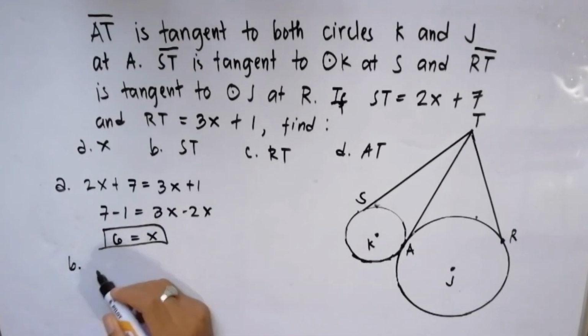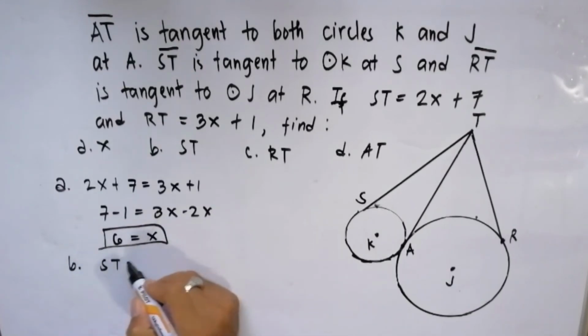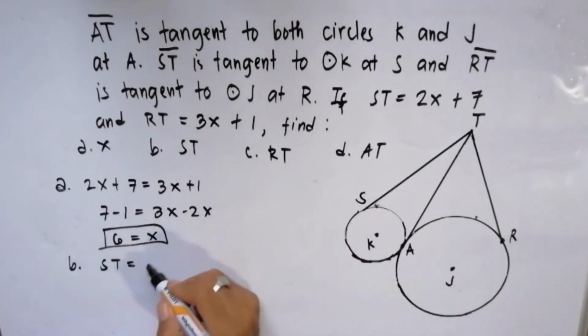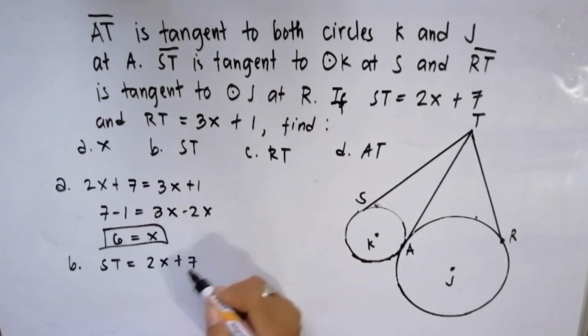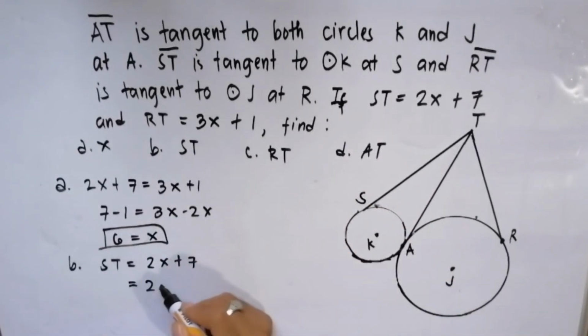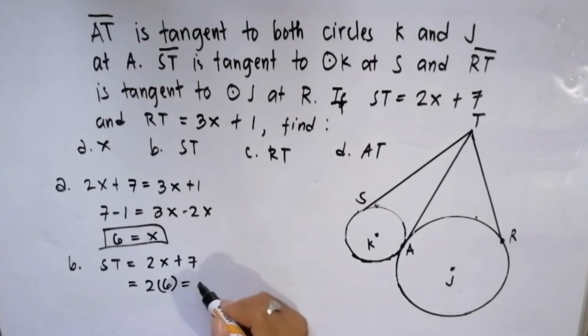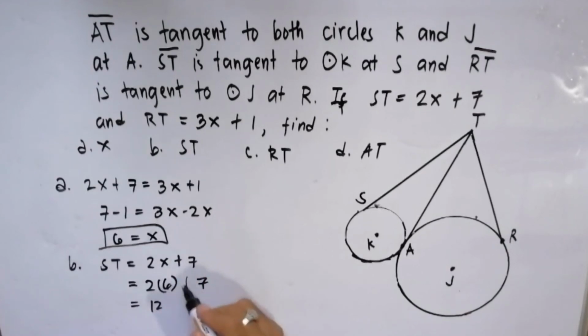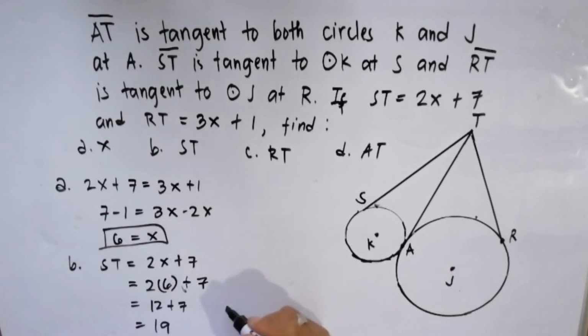Therefore, B, AT is equal to 2x plus 7, and x is equal to 6. Substitute. So that is 12 plus 7. That is equal to 19.